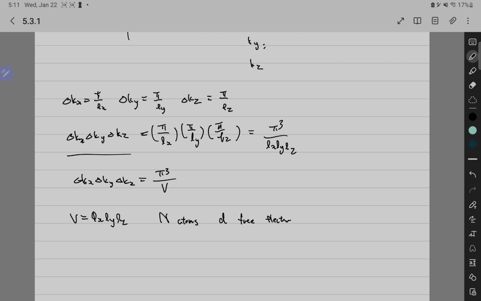And very importantly, electrons are fermions and they obey the Pauli exclusion principle, which says that only 2 electrons can occupy a single quantum state.